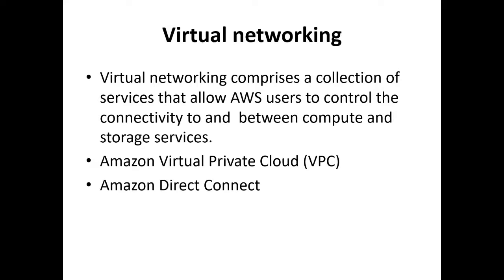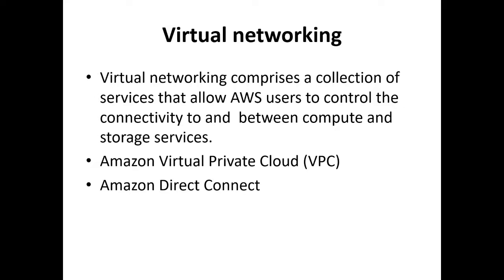For example, you can create a public facing subnet for your web servers that have access to the internet. You can also place your backend systems, such as a database or application server, in a private facing subnet with no internet access. A couple of use cases to define: host a simple public facing website, host a multi-tier web application, or keep it for recovery, which we can also call disaster recovery.